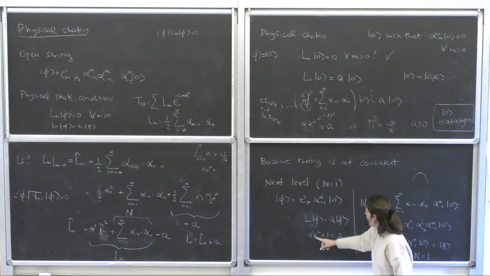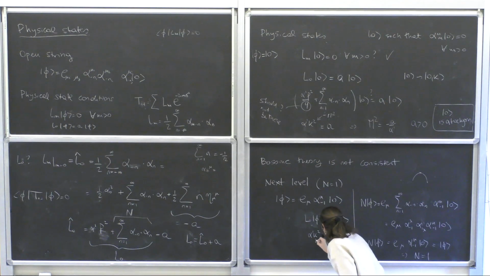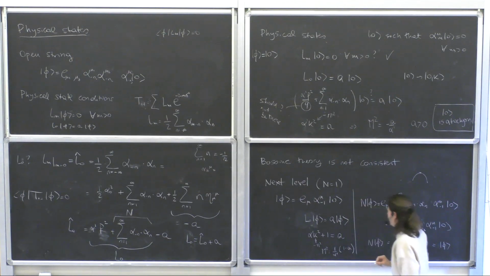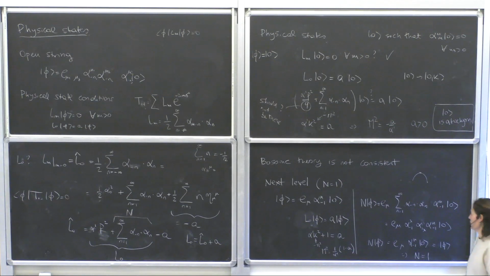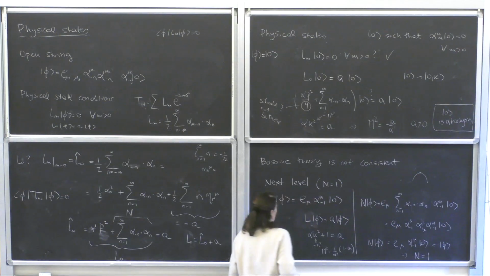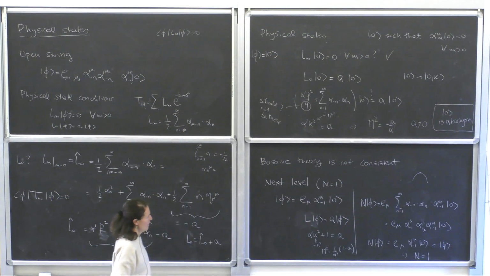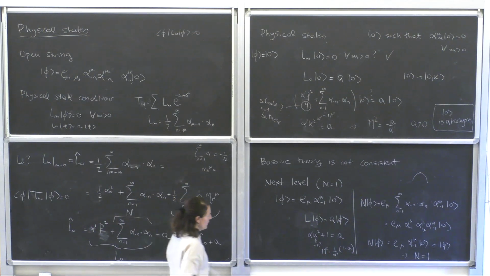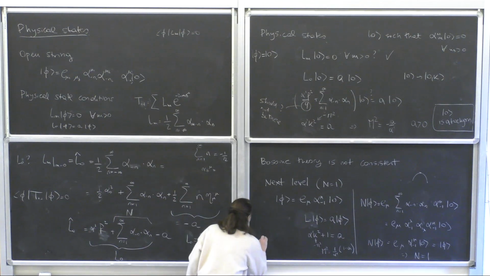And again, k squared is minus m squared, so this is saying that m squared is 1 over alpha prime, 1 minus A. And as somebody said, A is equal to 1.